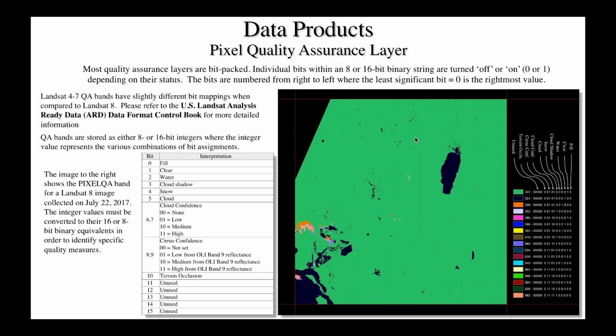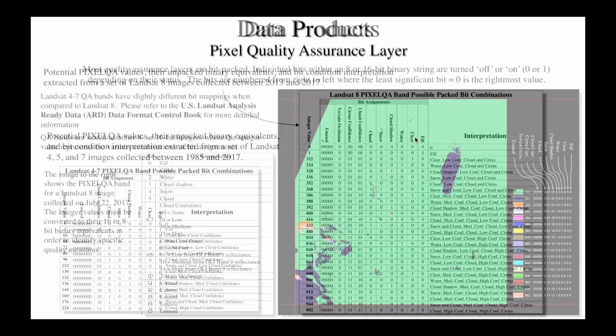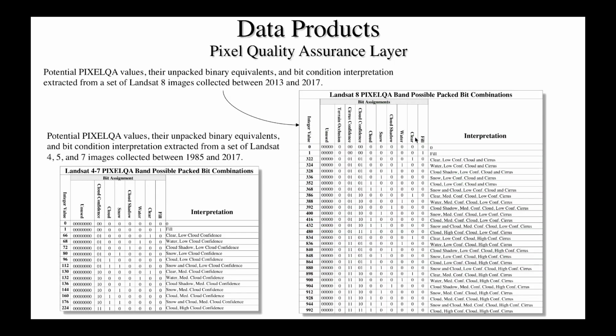So these two tables show the possible different pixel quality values that I found in the 3,038 images that I looked at. The one to the left is for Landsat 4, 5, and 7. That's how they're coded, because there's a different band complement, of course, in Landsat 4, 5, 7 versus 8.